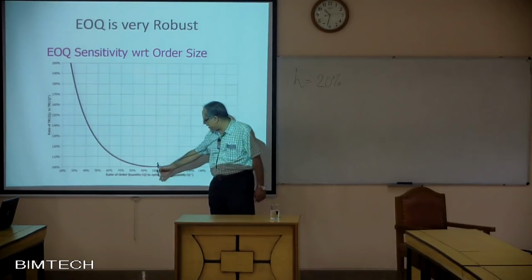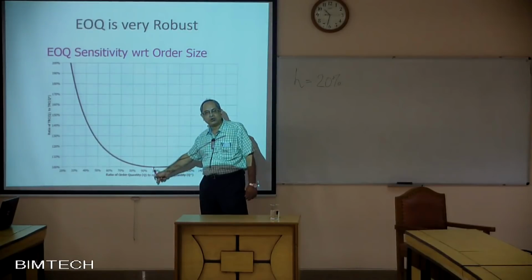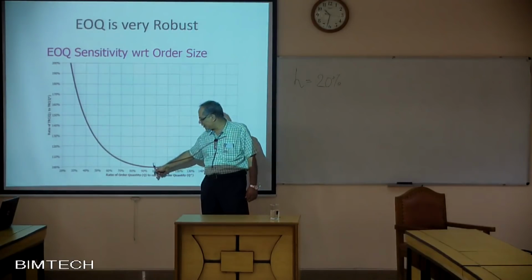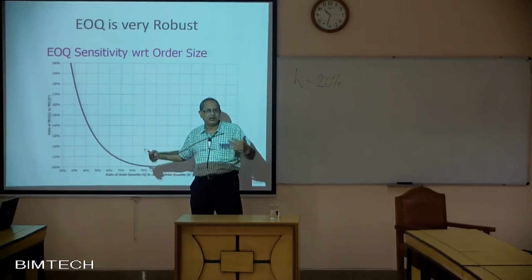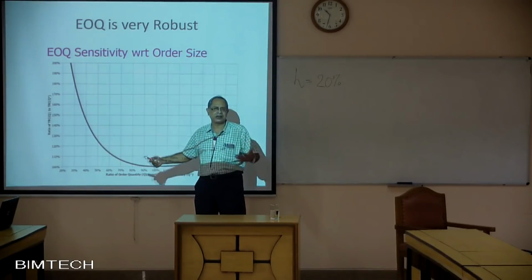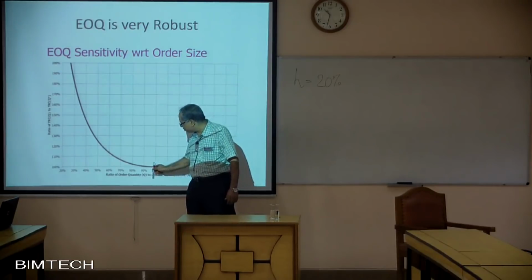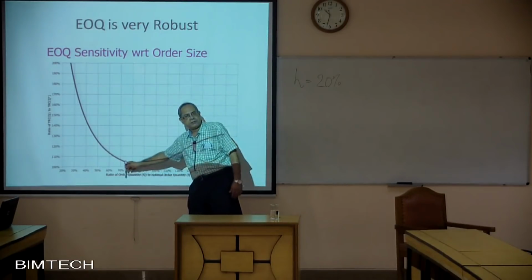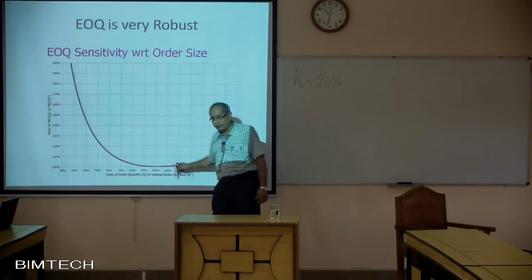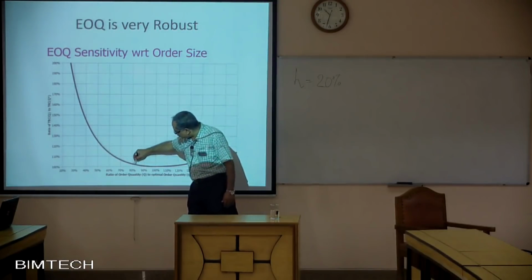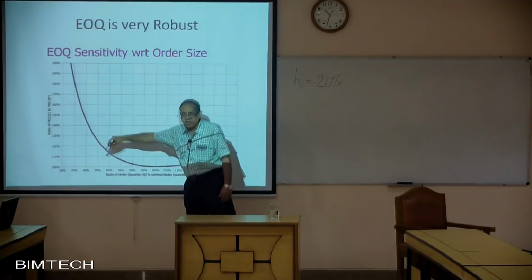What it means is that this is your actual Q star, the theoretically calculated Q star, but because of the errors in demand and your forecasting errors, even if your estimation is a little bit off from the ideal value or the real value of Q star, you don't lose much in terms of the cost.